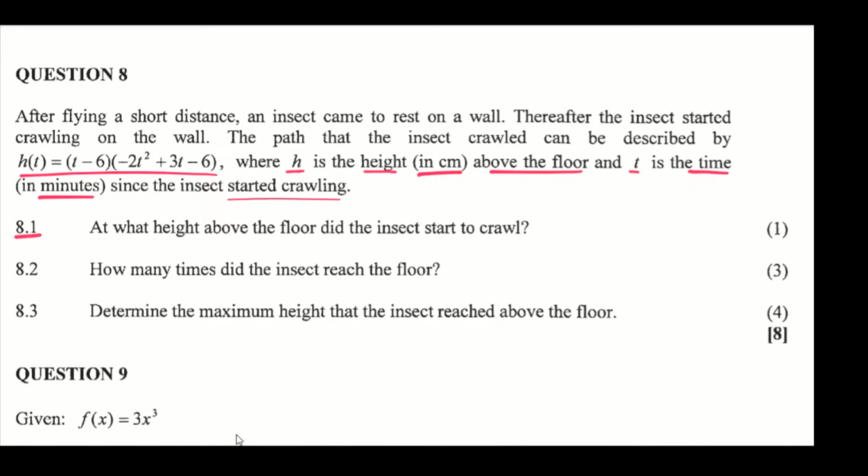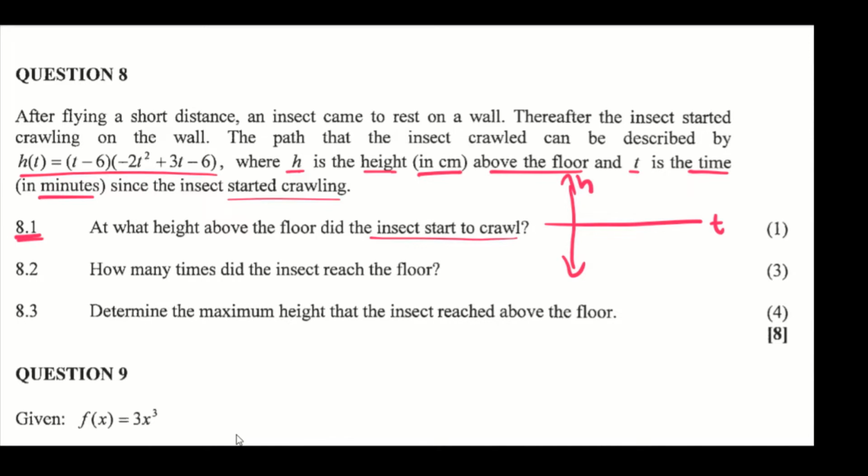So 8.1 says: at what height above the floor did the insect start crawling? Think of it in terms of a Cartesian plane, where you have your height here and your time there. When you talk about it starting to crawl, it's where t is equal to 0.